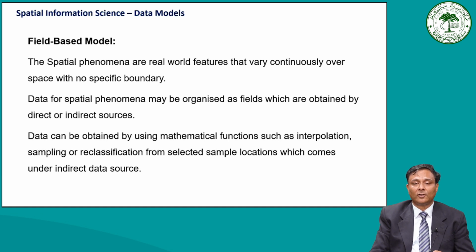So that way we can obtain or generate the data by using some functions like mathematical functions such as interpolation, sampling, or reclassification from selected sample locations, which comes under indirect data source. For example, a digital elevation model can be generated from topographic data such as spot heights or contours, etc., that are usually obtained by indirect measurements from, for example, the Survey of India topographical sheets.